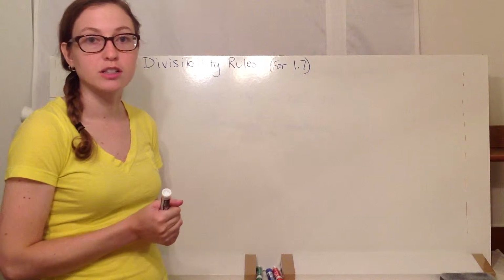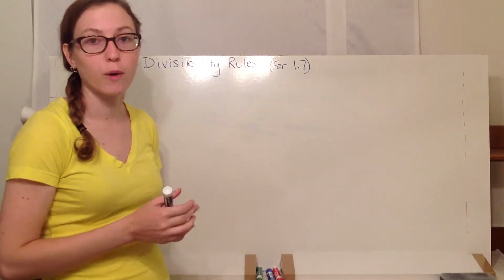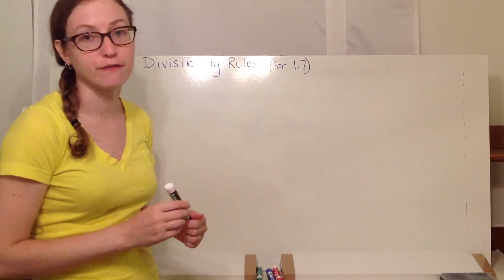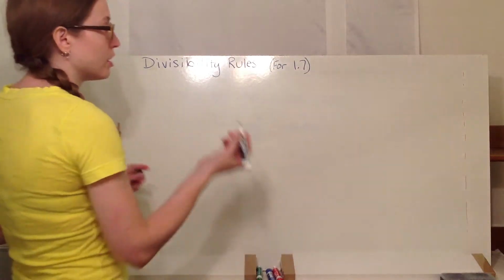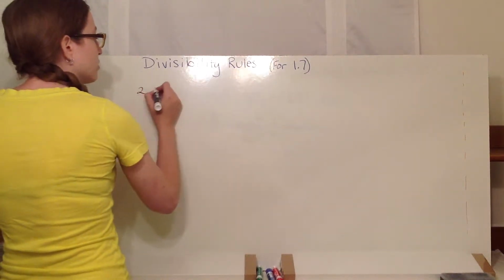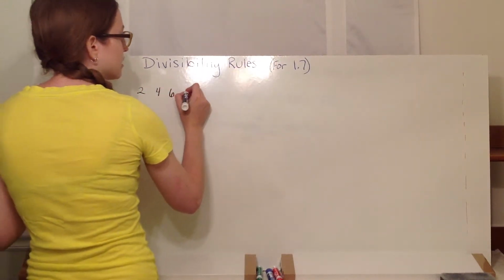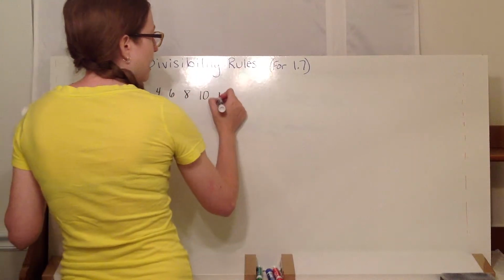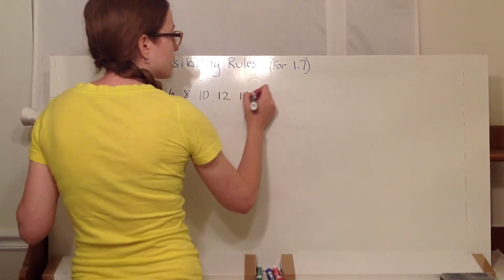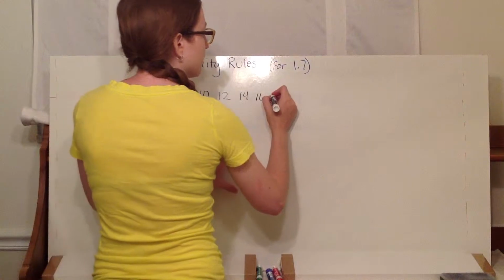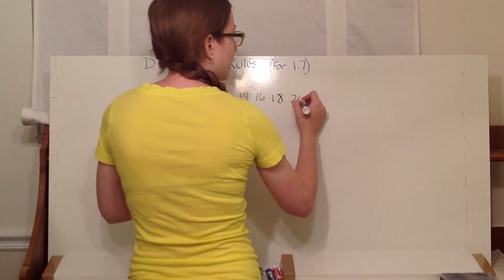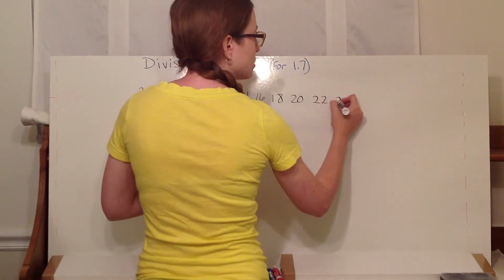Again, we start to tell what the rule is by writing out the multiples of 2. So we have 2, 4, 6, 8, 10, 12, 14, 16, 18, 20, and so on.